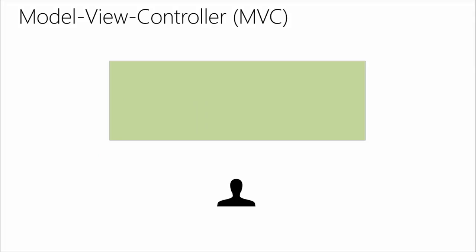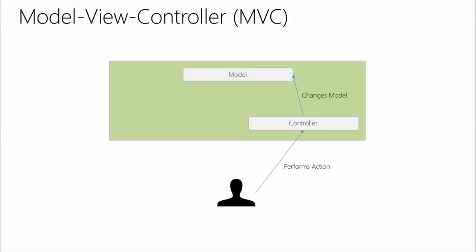Apple uses on iOS what is called MVC, or the Model View Controller pattern, where a user performs an action into the controller. It then, say, for example, changes something in the model. It's going to update the UI, which will update the view, and the user sees the changes. So this is essentially your Model View Controller type pattern. It's just built into the iOS SDK and the platform. All right, so a good standard MVC pattern.